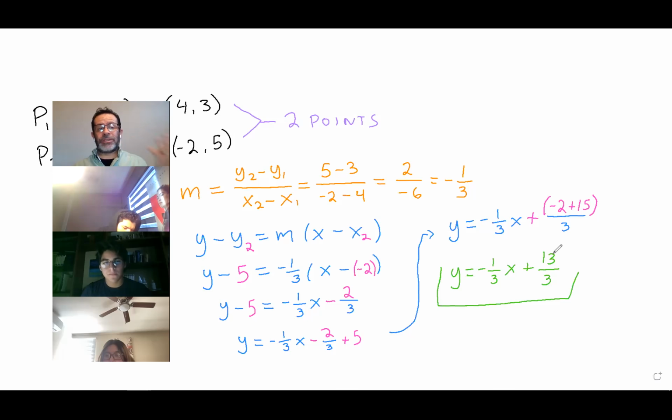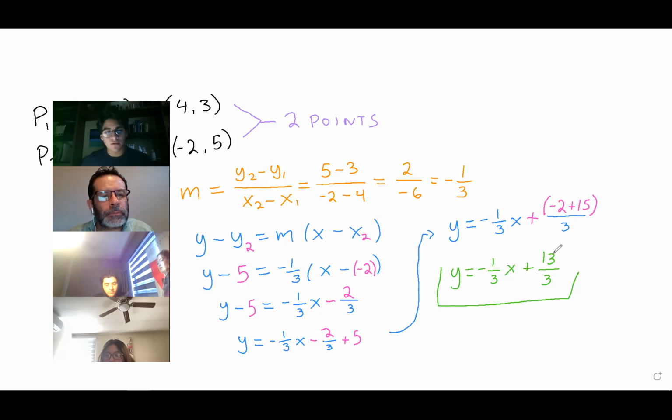So even if we use the second point, we're going to get exactly the same mathematical expression, the same equation. Okay, so remember, Arturo, go ahead, please. So every time, if you do x2 or x1 and y2 or y1, is it going to give you the same answer? Well, that's an interesting question.